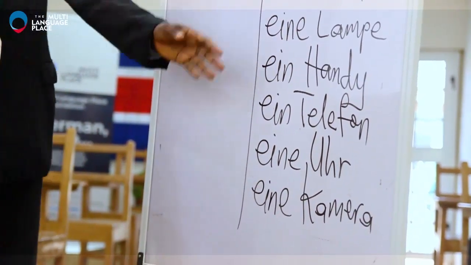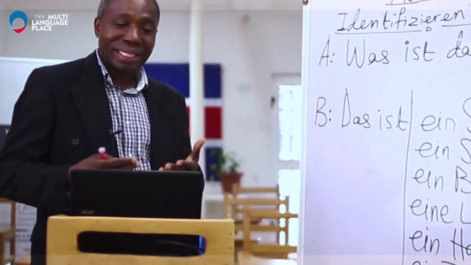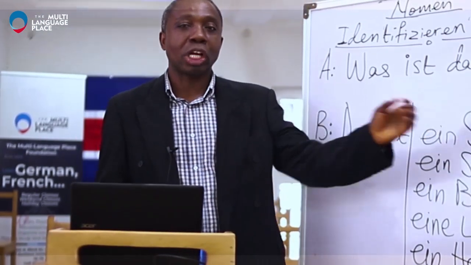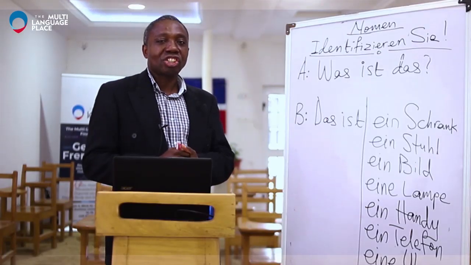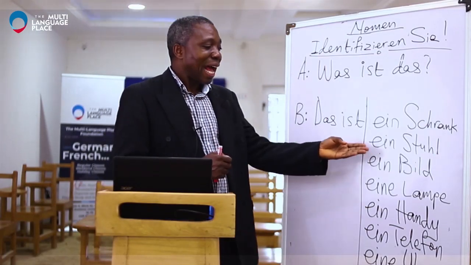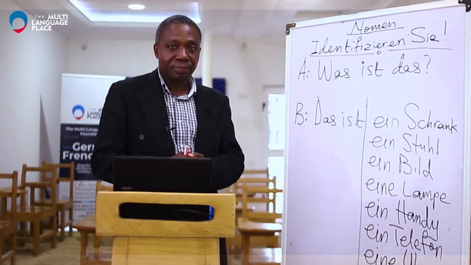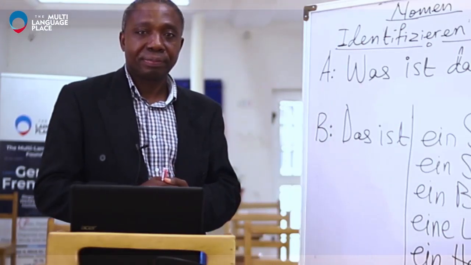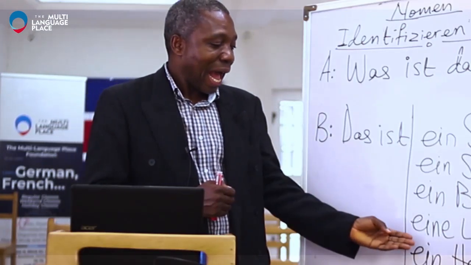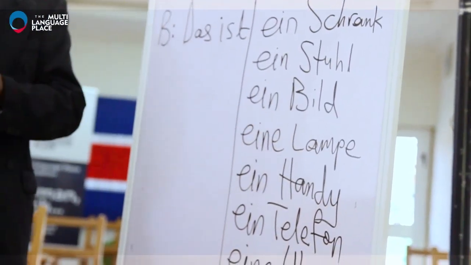So we're going to go back to this once again. I want you to master the pronunciation. Ein Schrank. Say it after me. Ein Schrank. Ein Stuhl. Ein Bild. Eine Lampe.